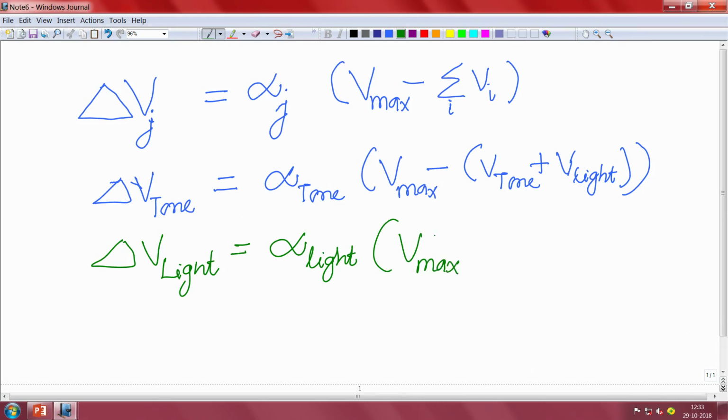This is exactly equal. It is just that I am changing the color, but the V max here is equal because it is governed by the US and not by the CSs. And V tone plus V light.